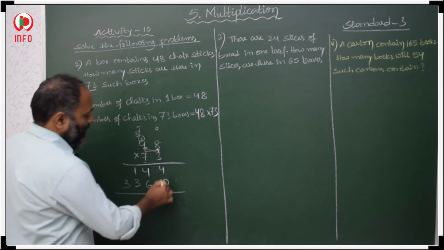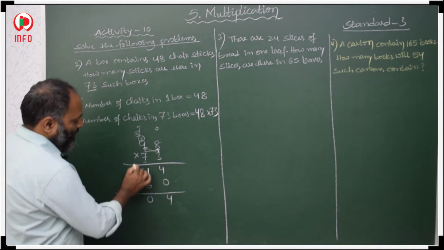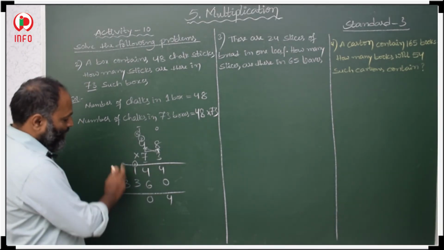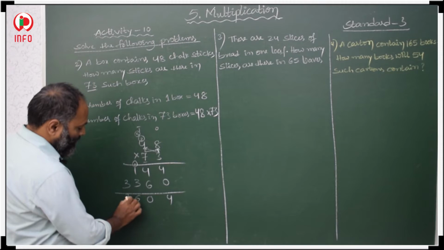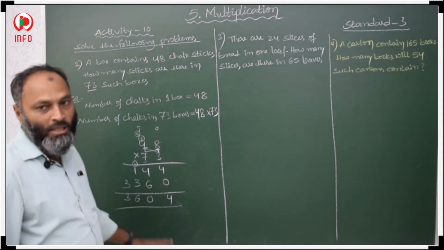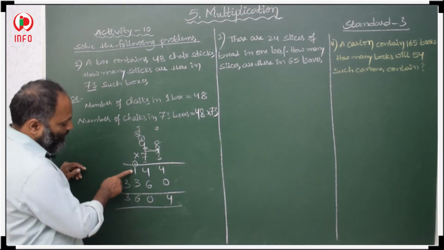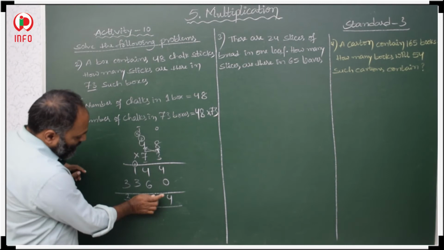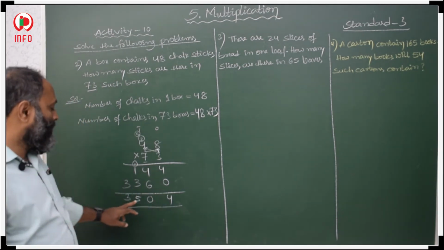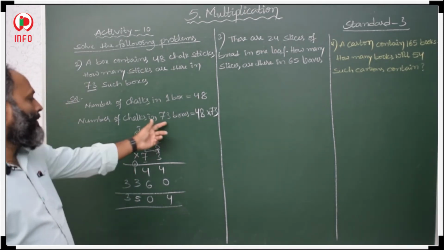Now we have to add. 4, 4 plus 6 is 10 and 1 here, 4 plus 1 is 5, 5 plus 1 is 6, this is 3. How many chalks were there? 3 plus 1 is 4, 4 plus 1 here is 5, here 5, 3504. This many chalks were there in 73 boxes.